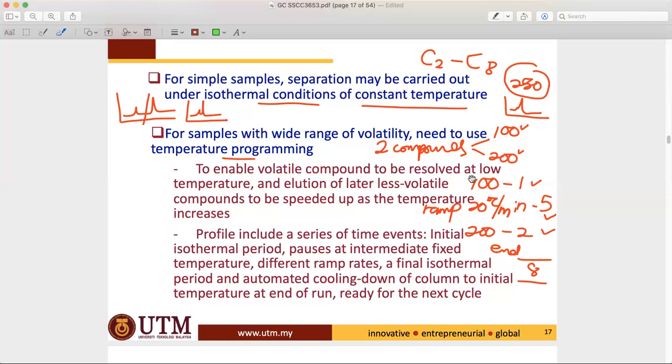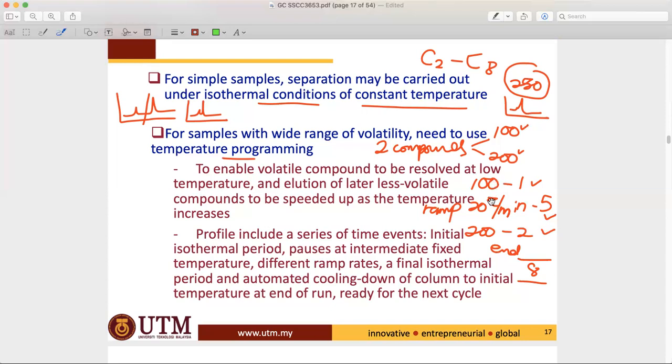So how does this program affect your chromatogram? So when you set 100 Celsius for 1 minute, this first compound would evaporate or would become separated instantaneously. The 200 Celsius compound will not be separated yet.